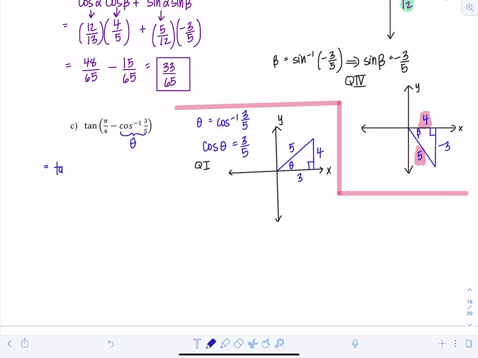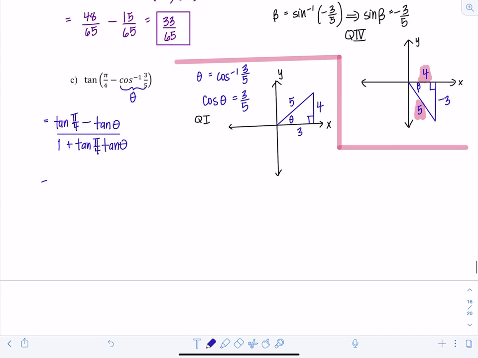Okay, and then now I'm going to use my tangent angle addition formula. So I have tangent pi over 4 minus tangent, I'm just going to write theta instead of cosine inverse of 3/5, over 1, and then you switch the sign, and then you multiply the two terms from the numerator by each other. So tangent pi over 4, tangent theta.